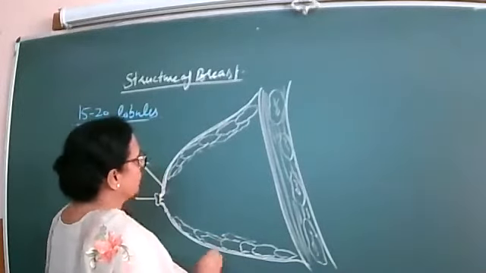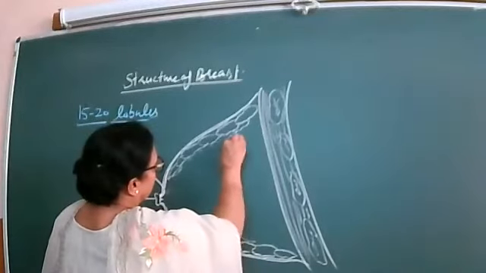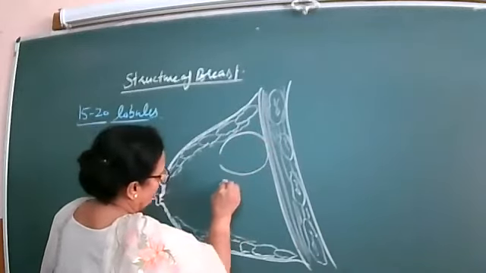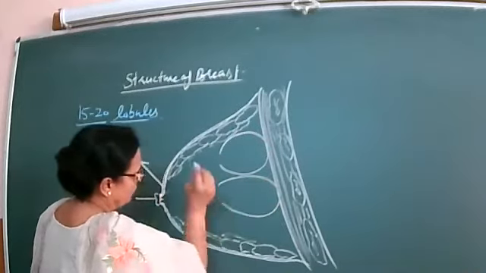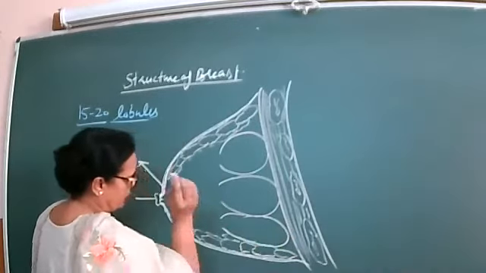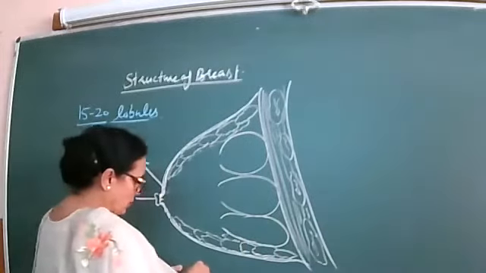So how can we show the lobules? Suppose this is one lobule, another lobule. I may show only three of the lobules over here, right?